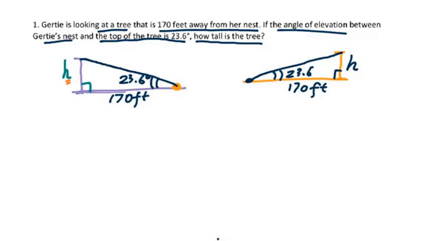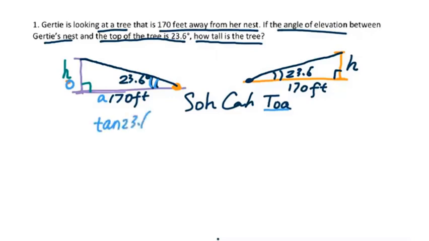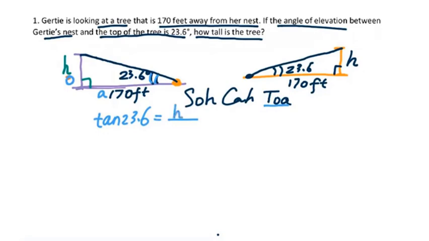So when we do SOHCAHTOA, check the angle first. Then you could say this is the opposite side. This is the adjacent side. Therefore, you have to use tangent. We write down tangent 23.6 equals O over A. That's why it's H over 170.